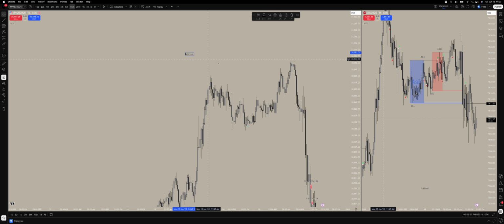I have two entry triggers. The first one is a sweep, then an IFVG, and I like to see some sort of AMD. My other one is just a short or a long, an IFVG out of an unfilled higher time frame gap.